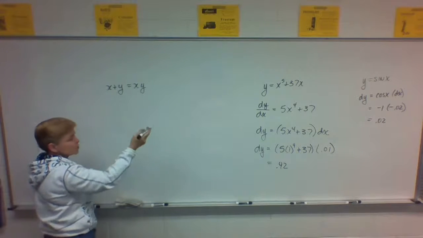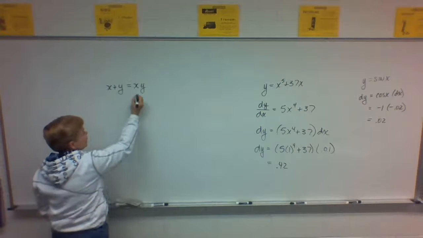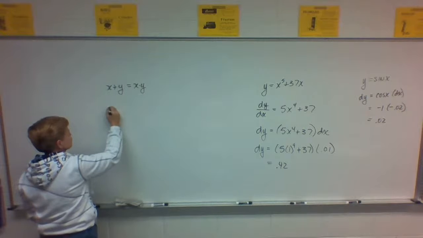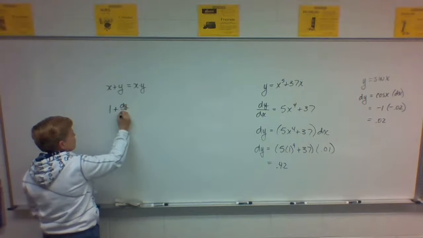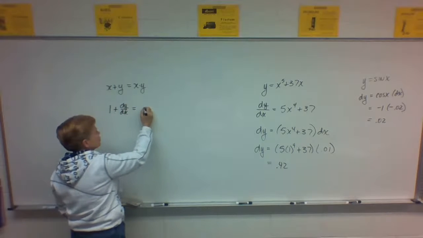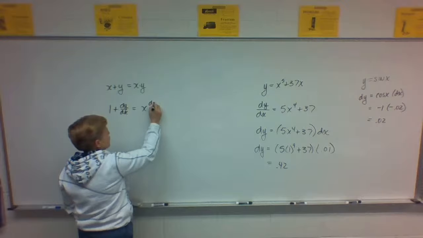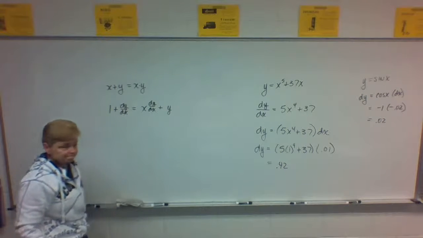And because it's written in terms of x and y, we've got to use implicit differentiation, and we've got to use the product rule. What's the derivative of x? 1. What's the derivative of y? dy dx. How do I apply the product rule? What do I get? X dy dx plus y, right?